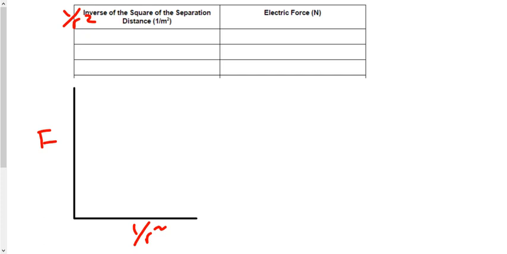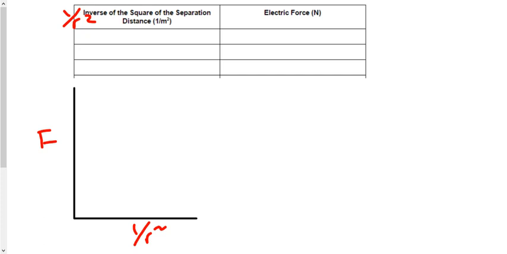So if r was 10, then r squared would be 100, and 1 over r squared would be 1 over 100, or 0.01. So it goes from 10 for the value of r to 0.01 for the value of 1 over r squared. You can have Google Sheets do all those calculations for you.